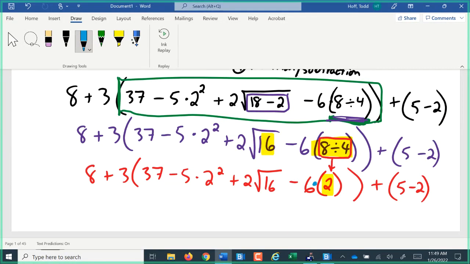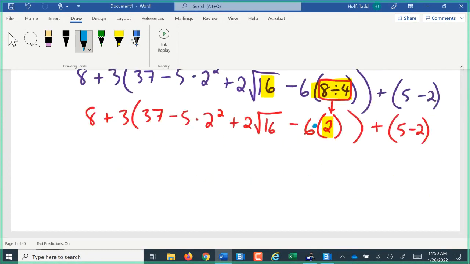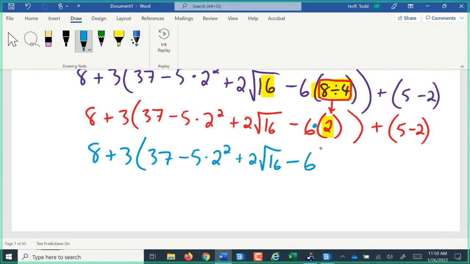So to remove that set of parentheses, I have to remember that multiplication is there, and I have to put in the symbol to keep that multiplication there. Let's go ahead and take out those parentheses. 6 times 2. Notice we had to put in the multiplication when we removed the parentheses.